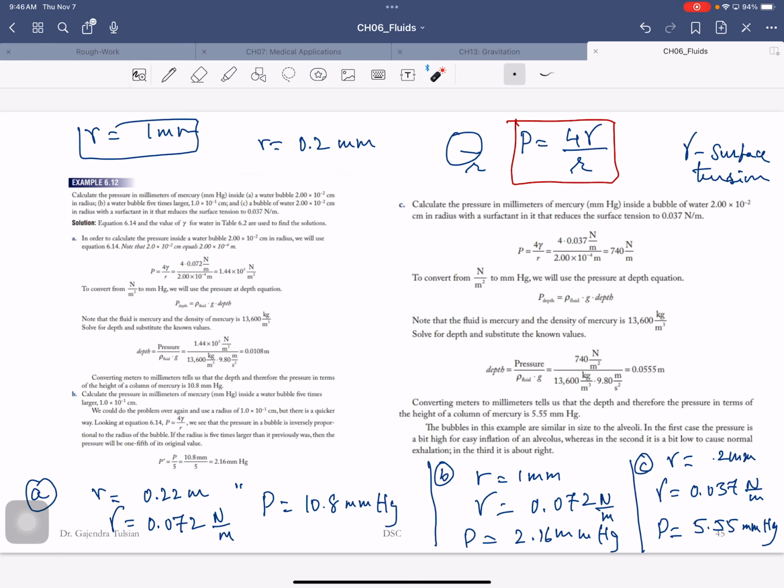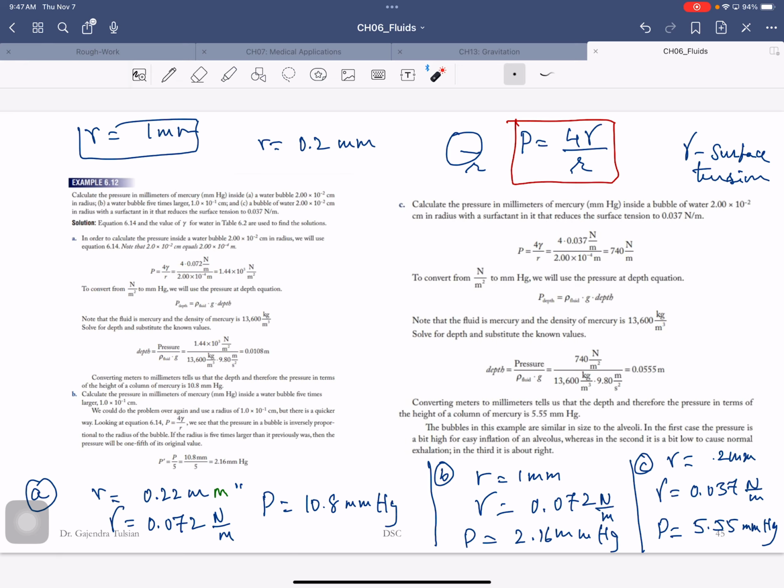All right, so here's all I want you to remember. This is the normal size of an alveoli. This is millimeters. If the surface tension was that of water, the excess pressure would be 10 millimeters of mercury, 11 millimeters of mercury.